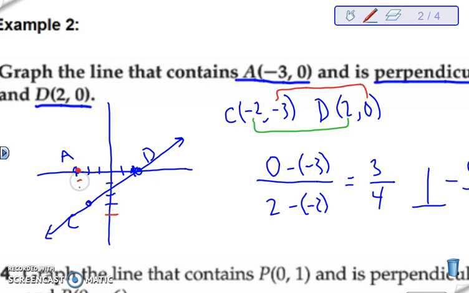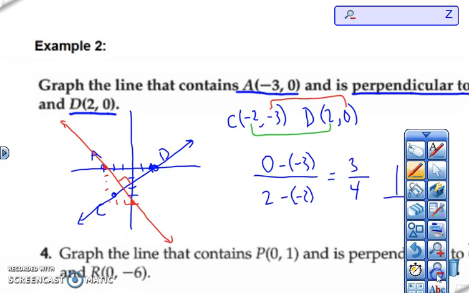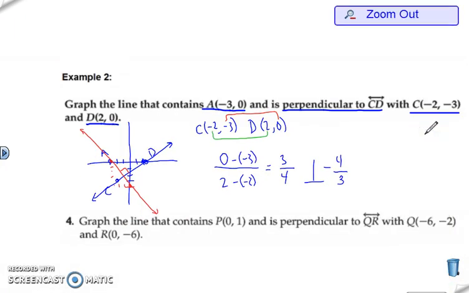So 1, 2, 3, 4. Over 1, 2, 3. Put my point here. And when I draw my line, it should be perpendicular. And there we go. So again, try example 4 on your own.